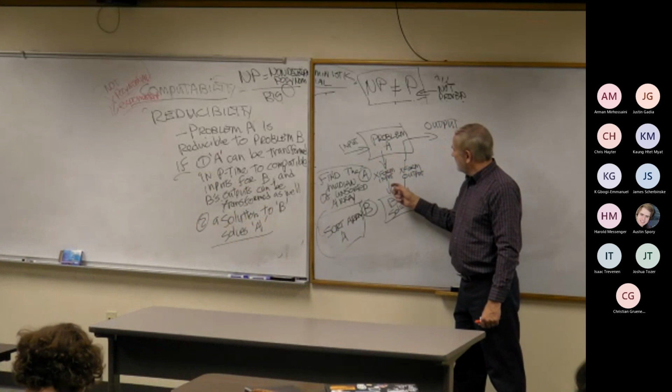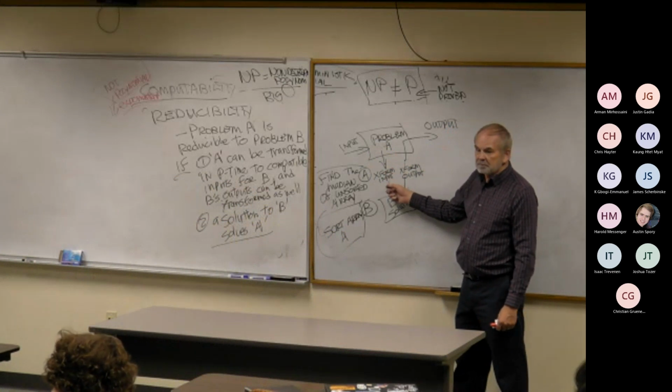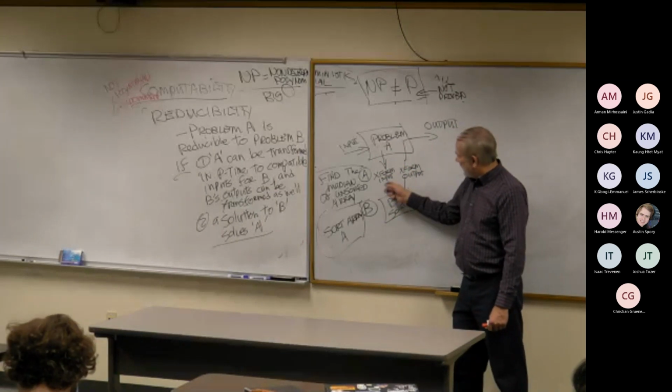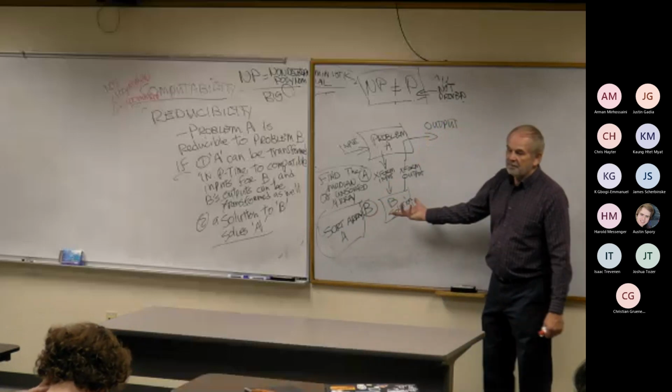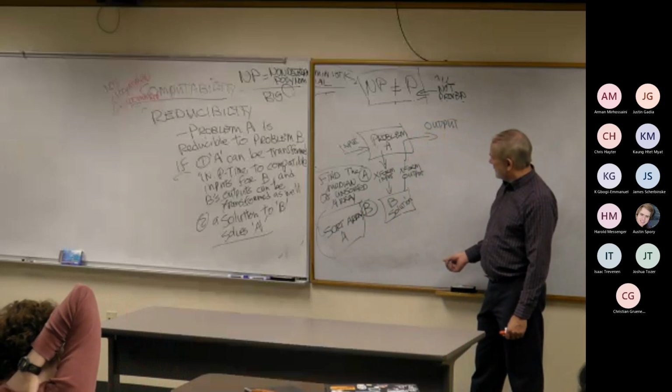Put in A, what do I have to do to transform it? Well, probably nothing. It's just an array. I send that array into my existing solution, which is a sort algorithm, fast sort algorithm.